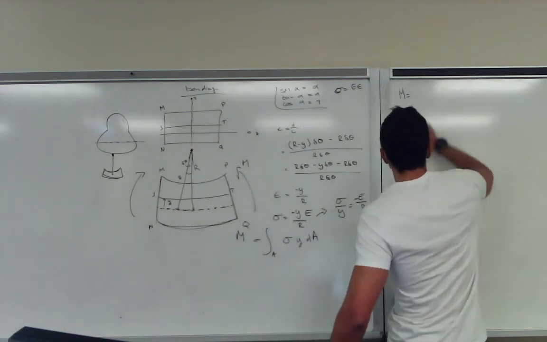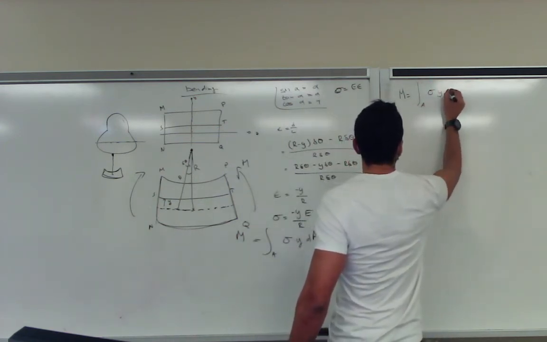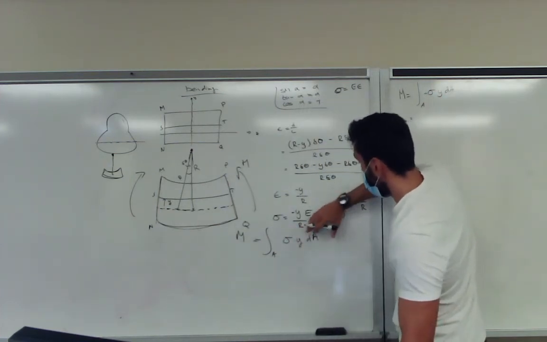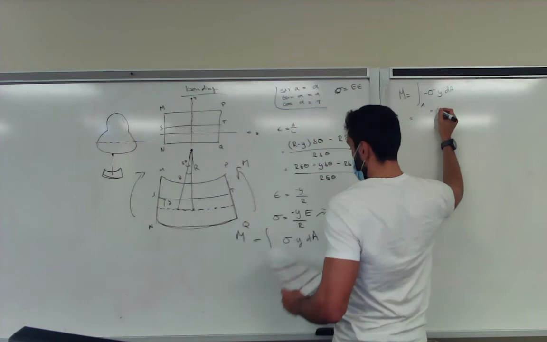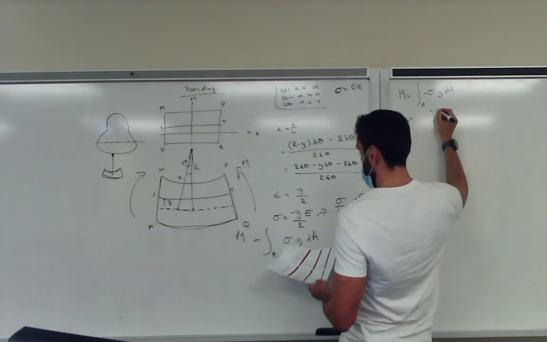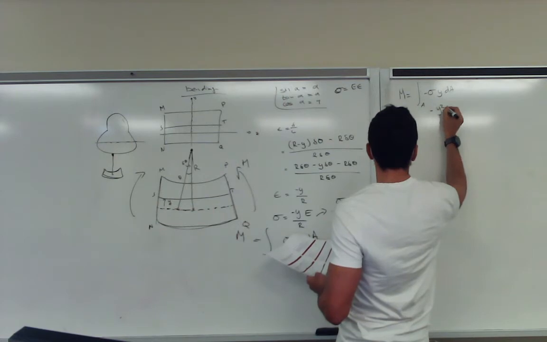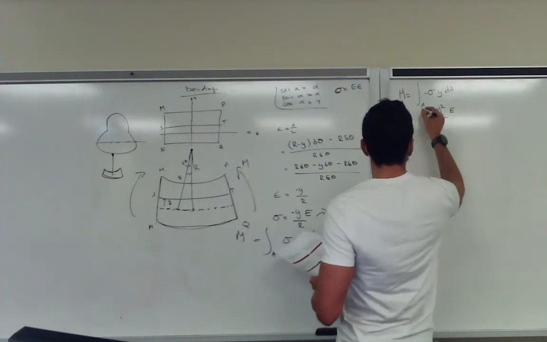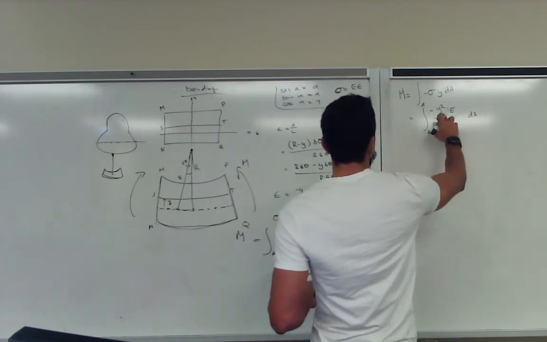So take this one. We have the integral of sigma y dA. This remains. Now we substitute our stresses, like here. So what we get is minus y squared over R times E, integral of dA.